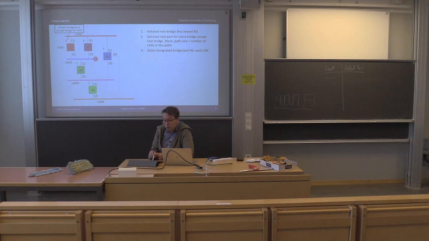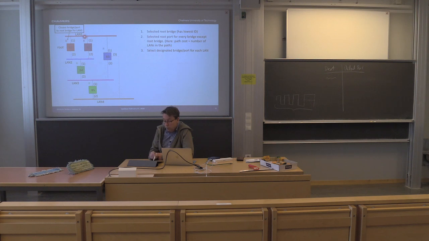LAN number 2 then, which is the designated port for that one? It has 3 choices, this one, or that one. Least cost path to the root is this one, right?